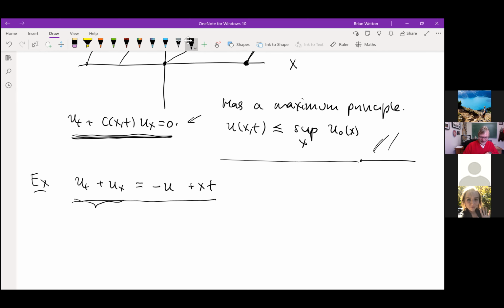It's just that on the characteristics, I won't have u not changing. I'm going to have u depending on this stuff over here, right? This is still linear in u. And it's going to be the Cauchy problem again, with u0 of x given.